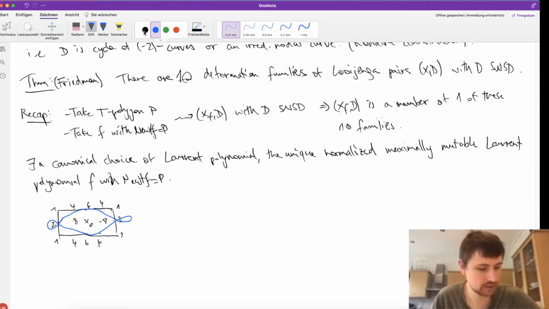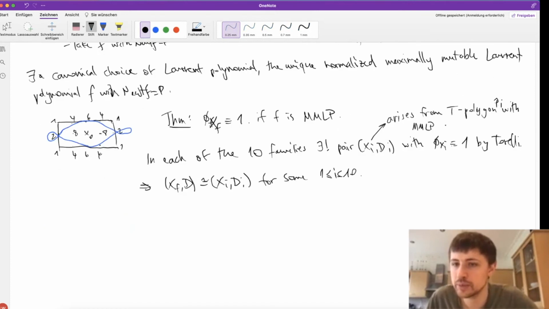And it follows that our pair X_F, D has to be isomorphic to X_i, D_i for some i between 1 and 10. And it actually turns out that each of these X_i, D_i arises from a T-polygon P_i with maximally mutable Laurent polynomial F_i, by the construction described before.